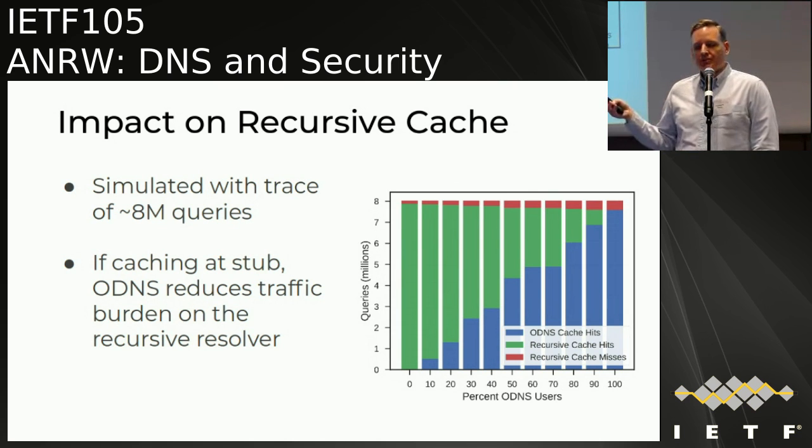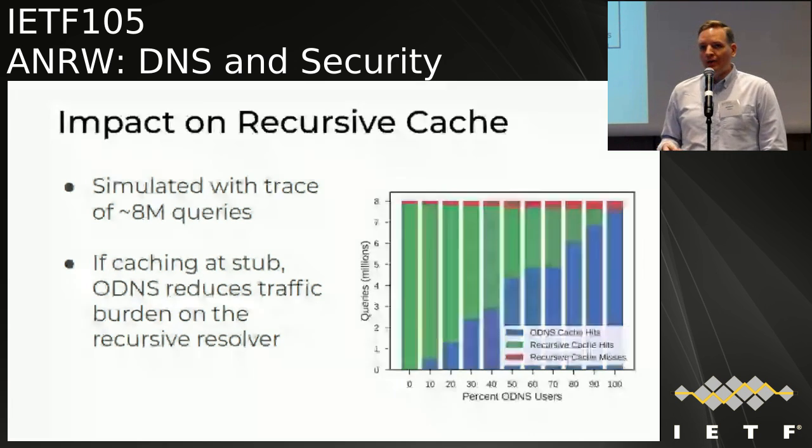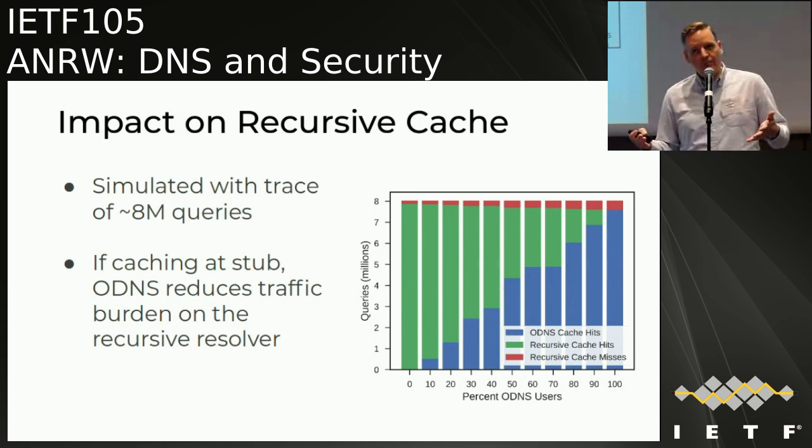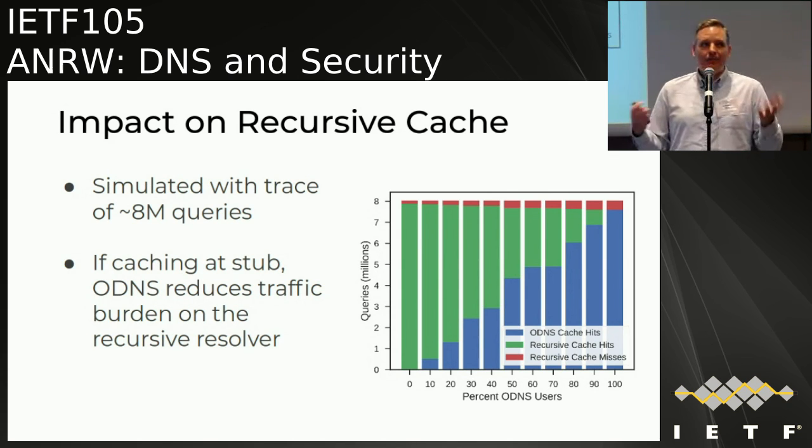As you increase the percent, that's obviously growing. However, if you implement caching at the stub, which we do, we actually reduce the overall percentage of traffic. We're not reinventing the wheel here. I think the Windows stub actually caches right now, but not every stub does. So just doing that actually helps quite a bit. Even if you're caching just for a single user, you can get quite a benefit. So overall, we don't think we're introducing too much traffic.